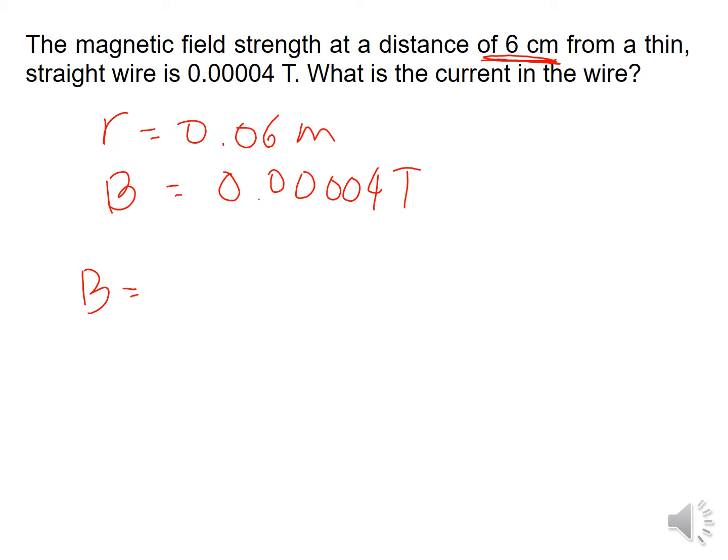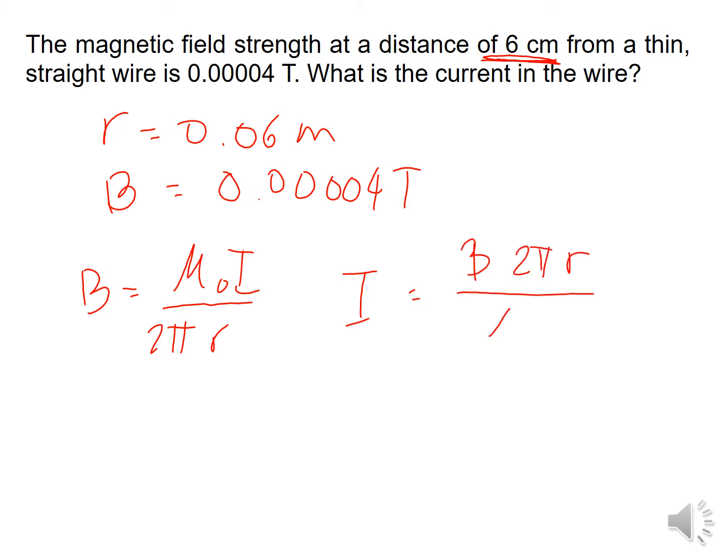So based on the formula for magnetic field, magnetic field is equal to mu naught multiplied by I over 2 pi r. So we need to solve for current. So current is equal to magnetic field multiplied by 2 pi r divided by permeability of free space.